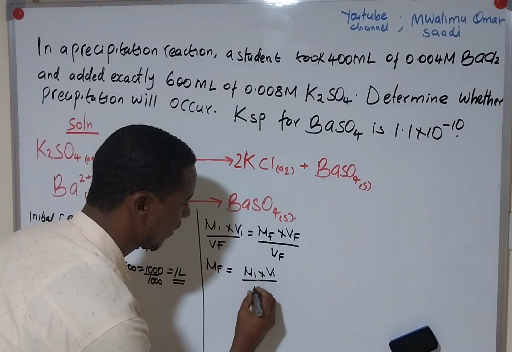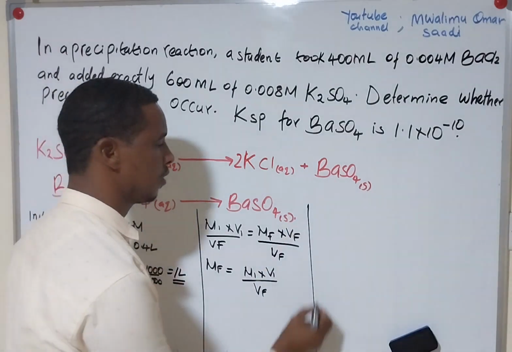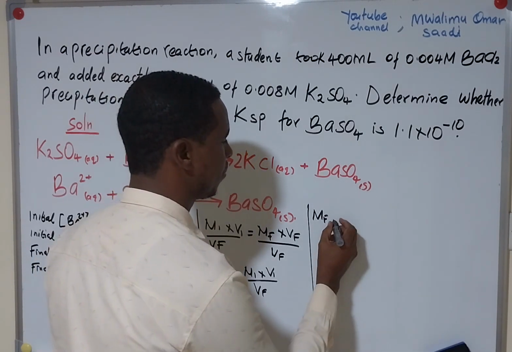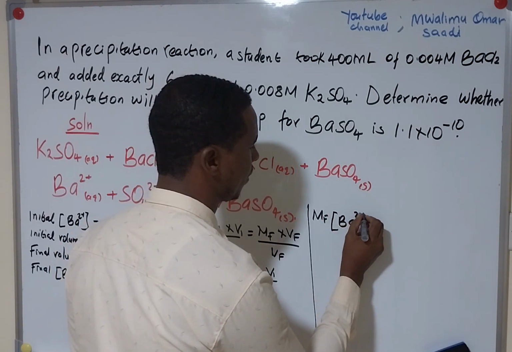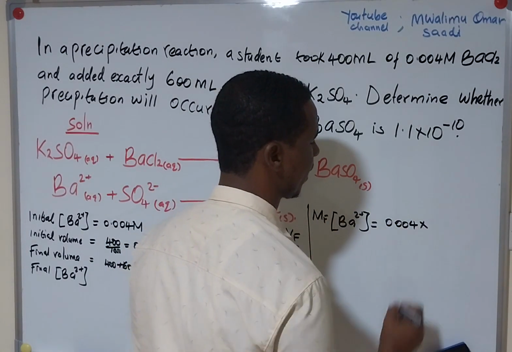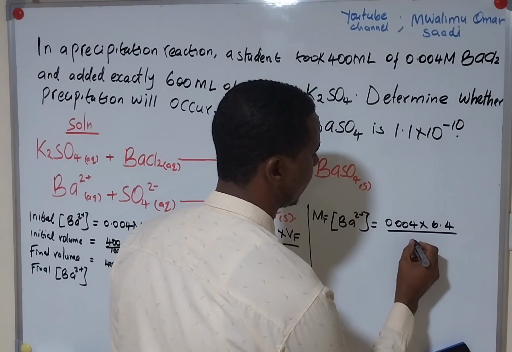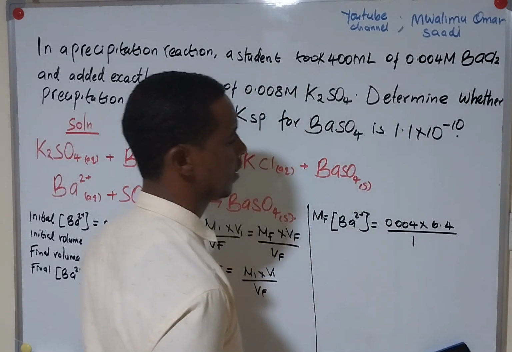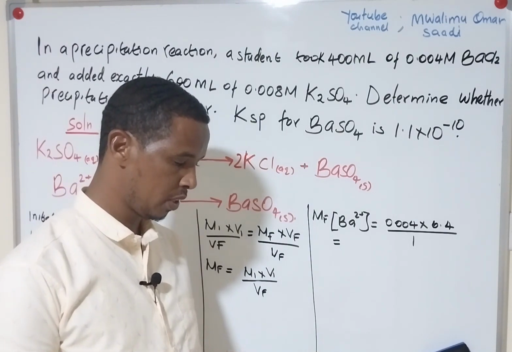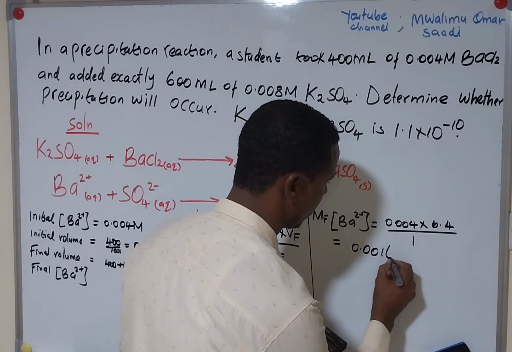That is 0.004 times 0.4 over 1, which is equal to 0.0016.